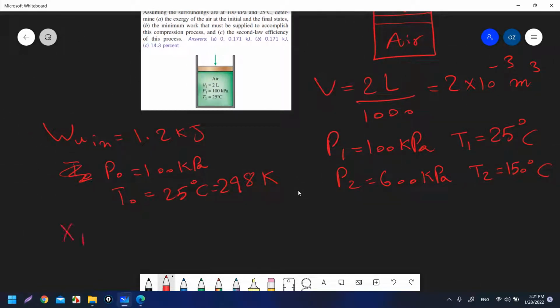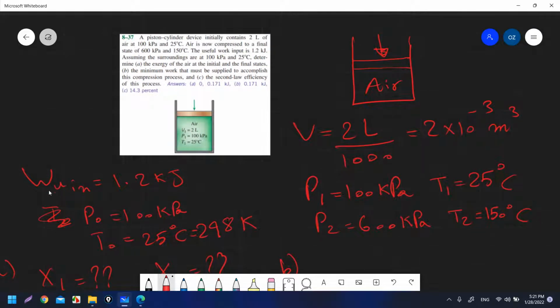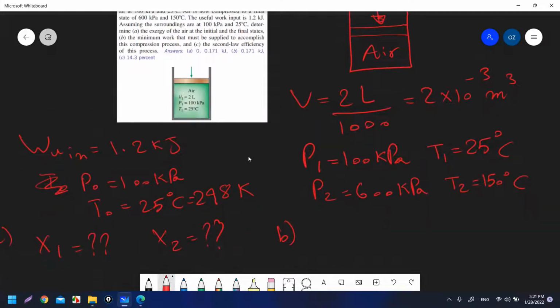He wants me to find x1 and x2, that is for part A, and for part B, the minimum work. When we hear about minimum work or maximum work, we think about what? Reversible work. So he wants me to find the reversible work in, because we have a compression process and he already gave me work useful in, so I'm predicting that everything is in. So I want to find the work reversible in that must be supplied to accomplish the compression process.